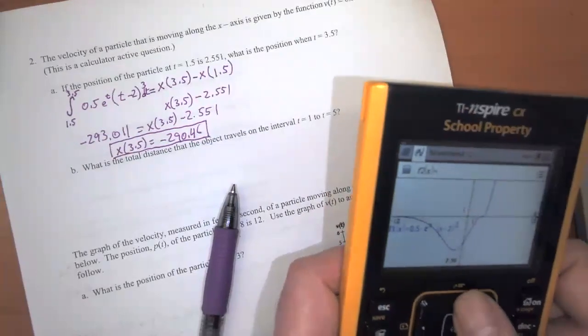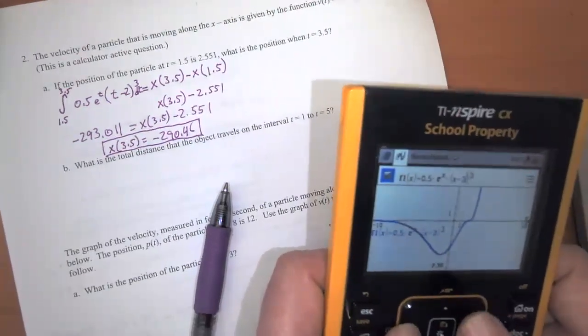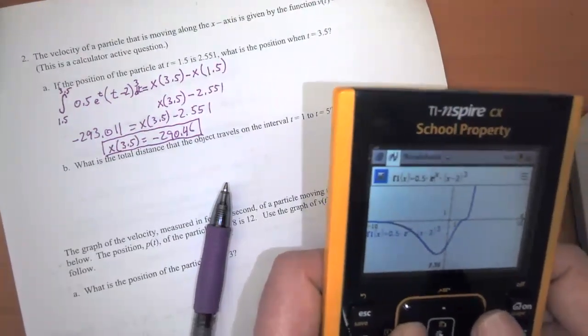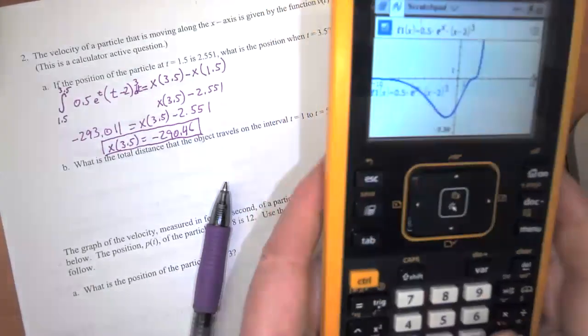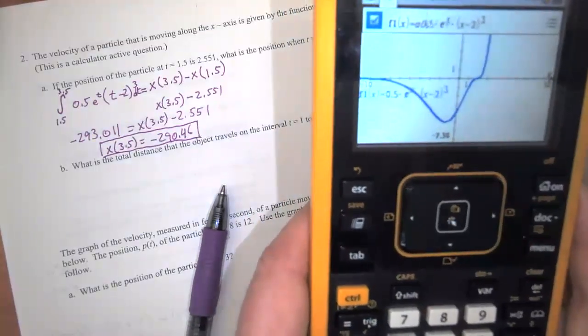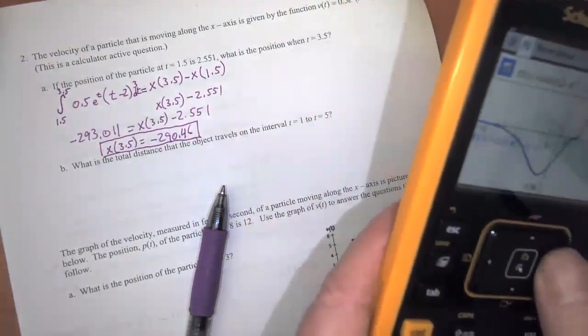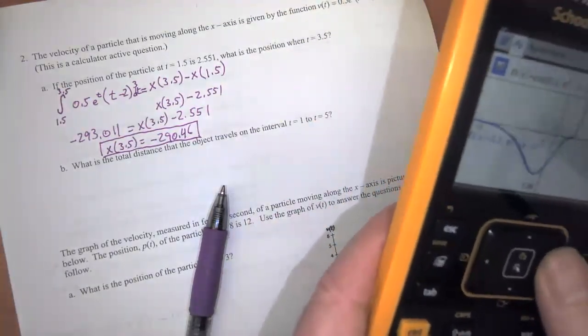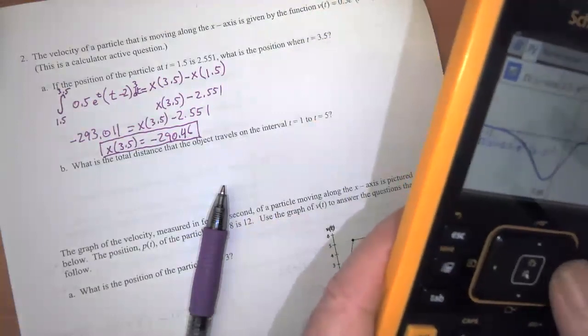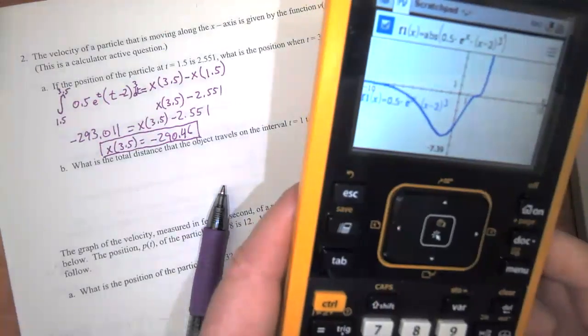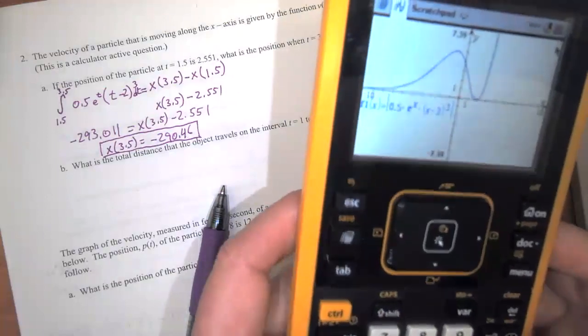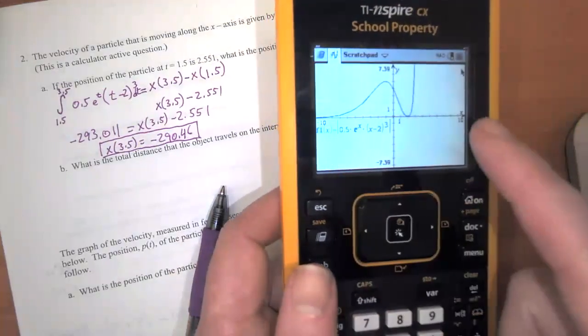But what I might do instead is I will come back here and I will put in the absolute value of this. All right, and you see how now everything is positive.